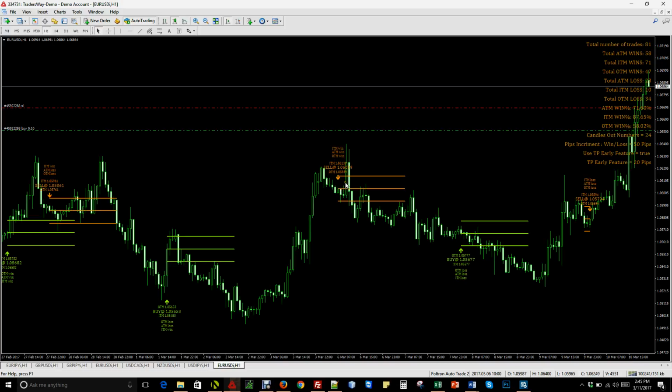what happens is when a signal is issued and you want to enter at market price, you're going to want to set your take profit 1 to 20 pips, okay, with a trail stop. If you don't know what a trail stop is, I highly recommend looking at SlickTrade, slicktrade.net.